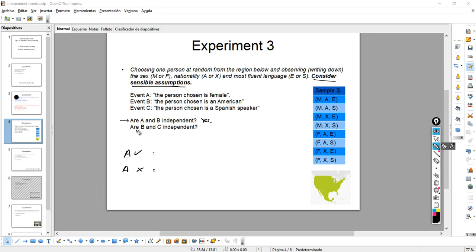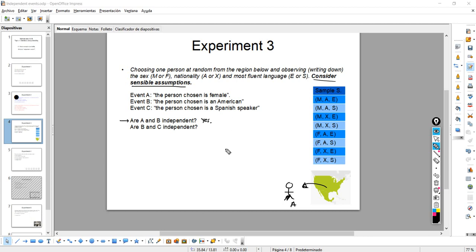Now, on the other hand, are B and C independent? So let's take a look at B. B is the person chosen is American. So suppose that the person that you chose out of this region is American. If I already know that this happens, does that make the probability of event C higher or greater? Does it affect the probability? Yes, right?